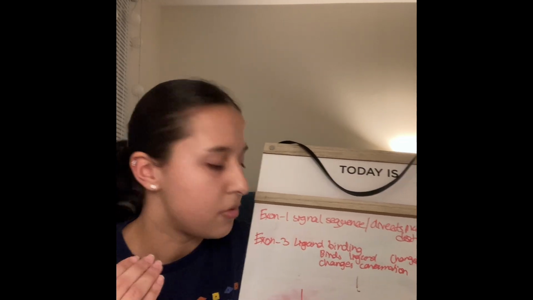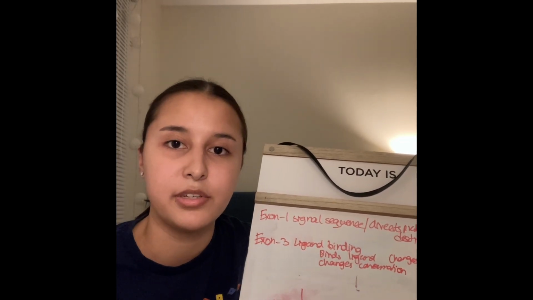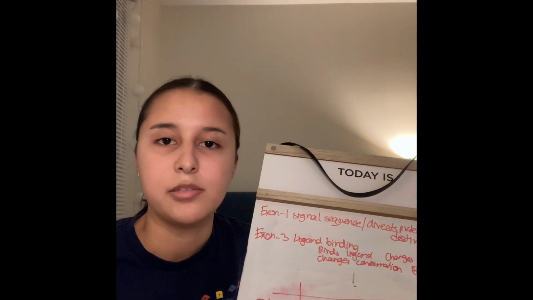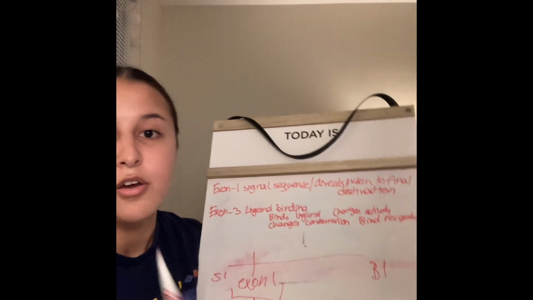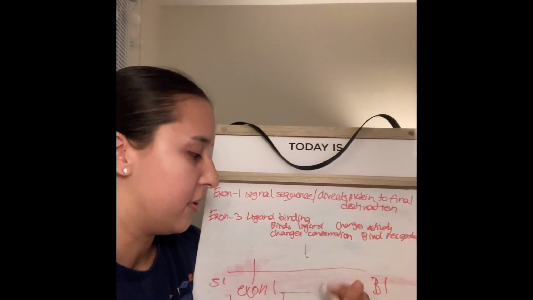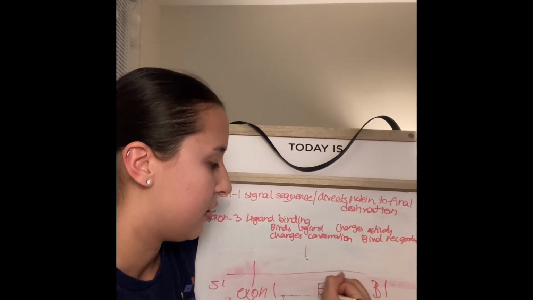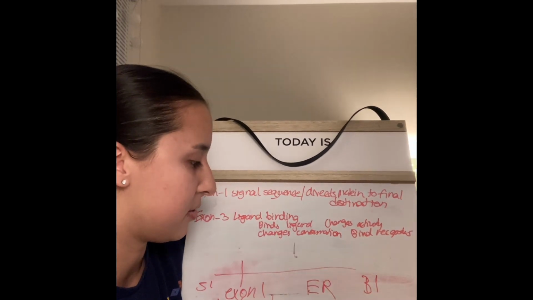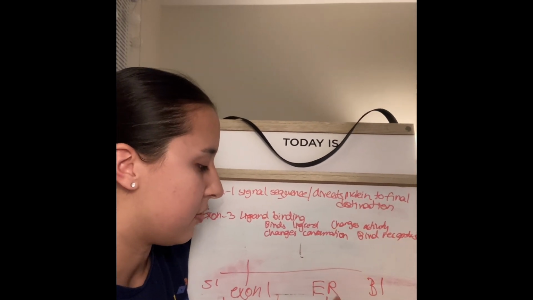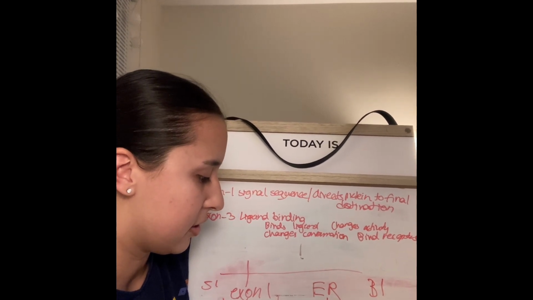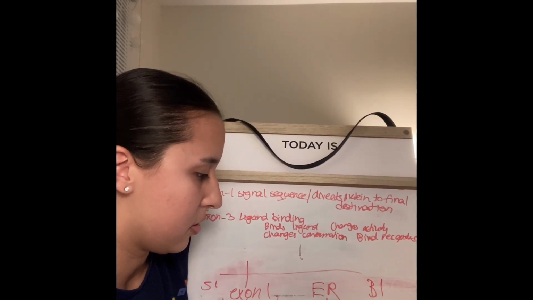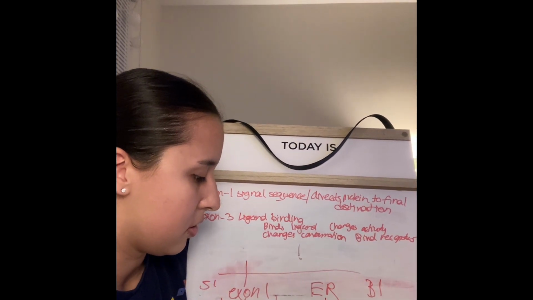So this would present a problem for this whole process, because if you're staying permanently in the cytosol, you aren't going through the expected journey of going from the cytosol to the ER, to the Golgi, to the transport vesicles, to the membrane.